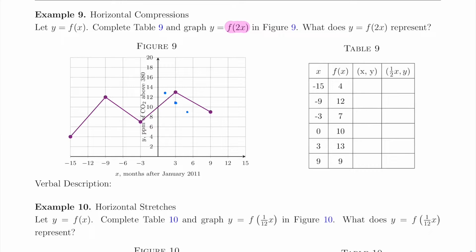So about here we then have 4.5, and everything basically gets squished together, gets compressed together, and so everything gets closer together. And the only point that doesn't change is the one where x equals 0, because 2 times 0 is still 0.